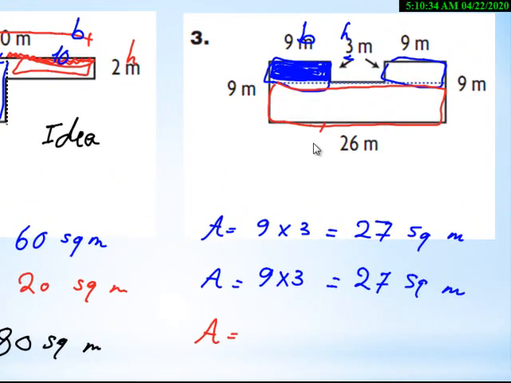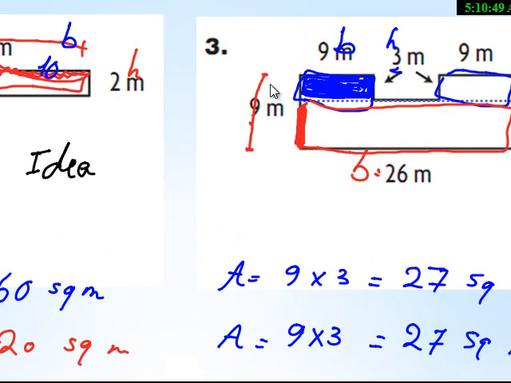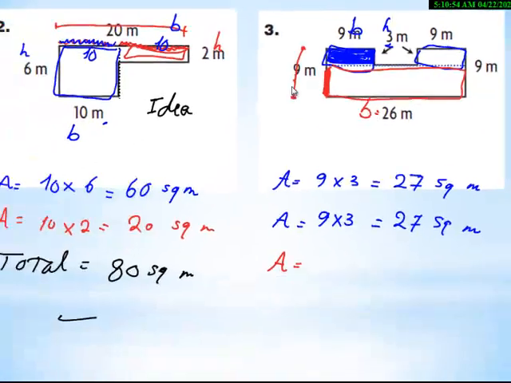Its base is easy for me. Yes, here, 26 meters. And its height, only this? Its height only this equals 9? No. All this line segment from the beginning to the end equals 9.